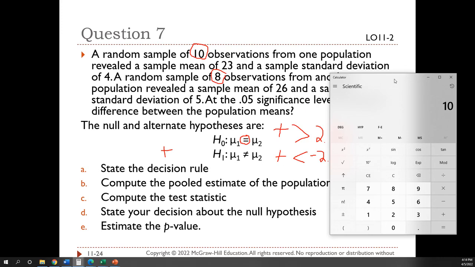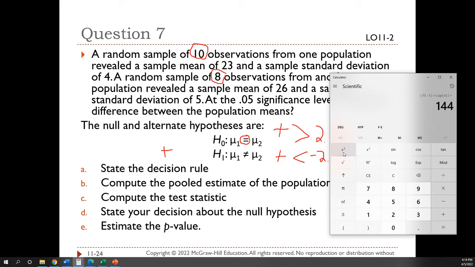Okay. So 10 minus 1 multiplied by 4 squared. Again, 4 is their standard deviation. We have to square it. Okay.